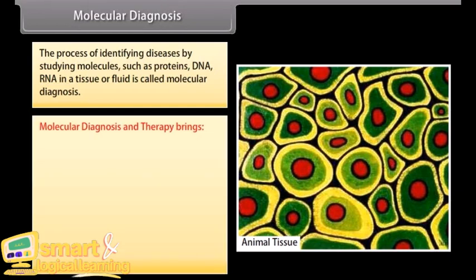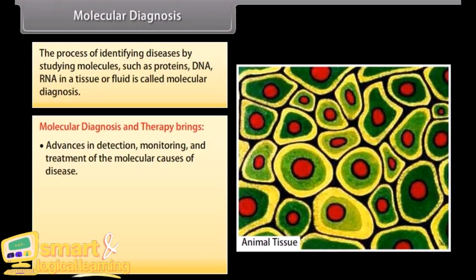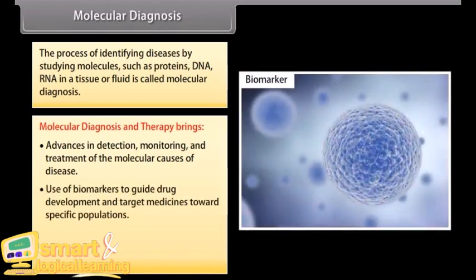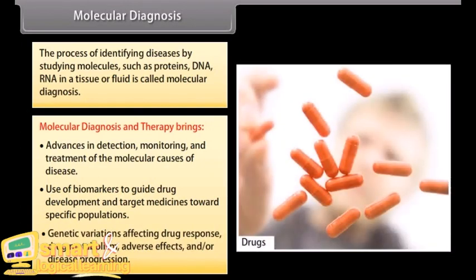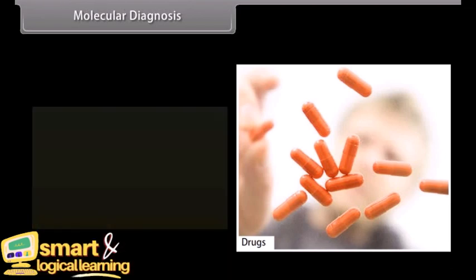Molecular diagnosis and therapy brings advances in detection, monitoring, and treatment of the molecular causes of disease. Use of biomarkers to guide drug development and target medicines towards specific populations. Genetic variations affecting drug response, drug metabolism, adverse effects, and/or disease progression.